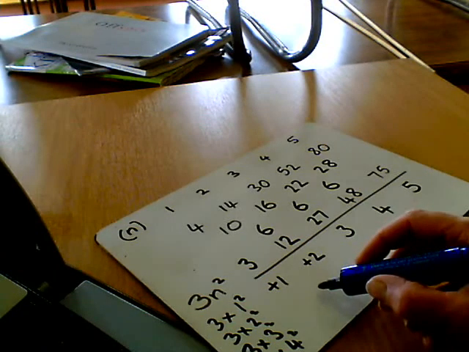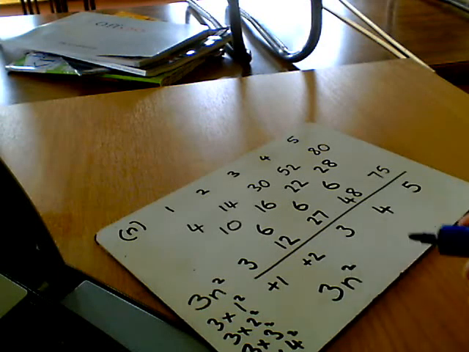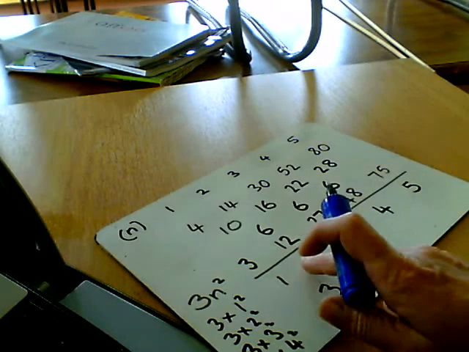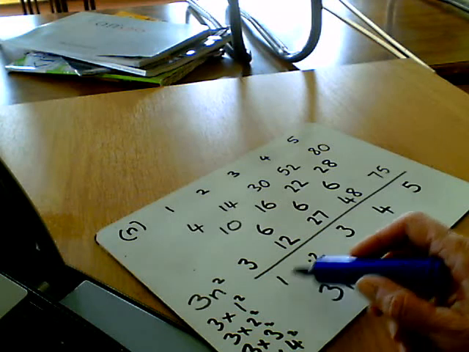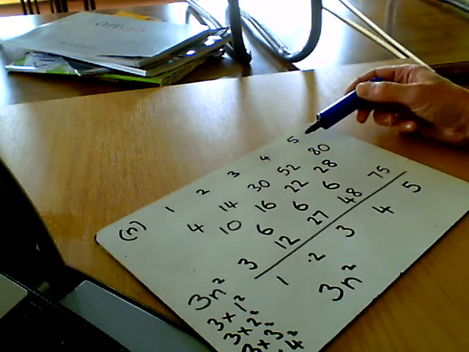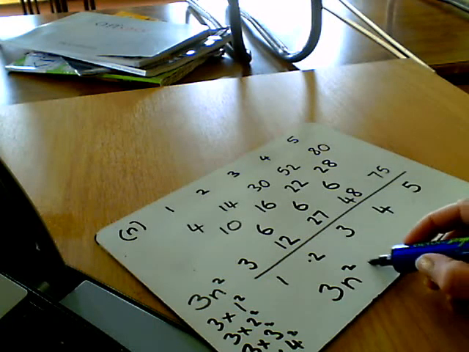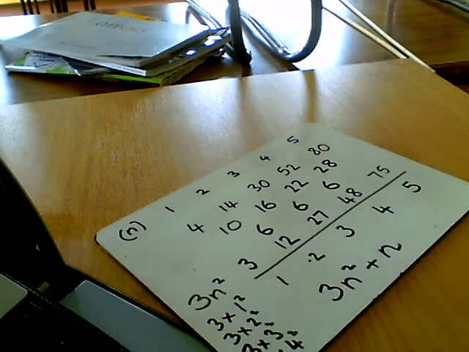So my first part of the rule is 3n squared, and I can see here that my second part of my rule, 1, 2, 3, 4, 5, is exactly the same as n. So the second part of my rule is plus n. 3n squared plus n.